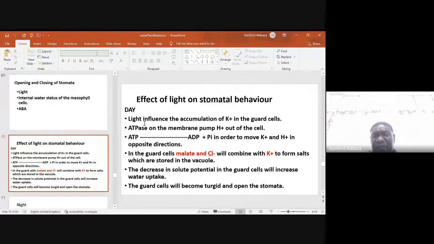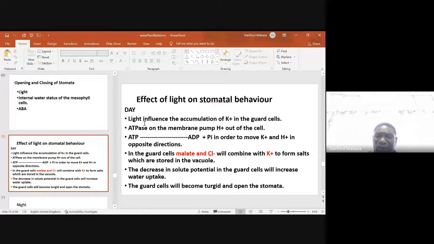In fact, it becomes solute potential, which is lower than the water potential of pure water or dilute water. So the entry of potassium into the guard cells, combining with malate and chloride, will form salts which will lower the water potential.